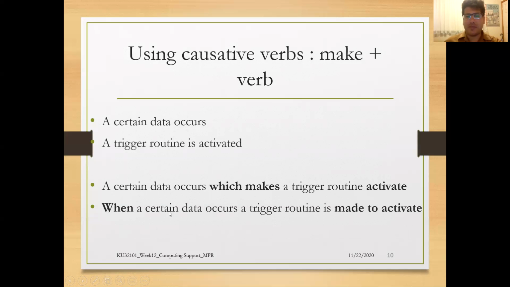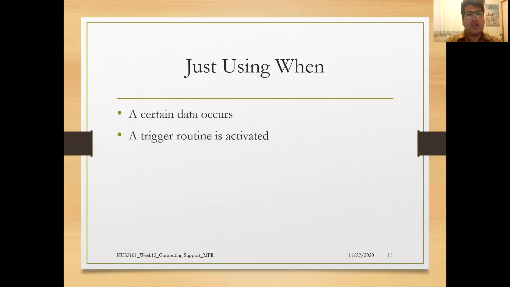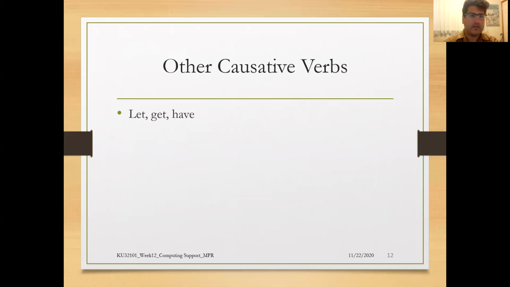Okay, notice in this example when we use when, with the past made, we use the to as well. Okay, and we can also express the cause-effect relationship just using when. A trigger routine is activated when a certain data occurs. Okay, so remember the other causative verbs, let, get, and have, and we use those in more informal settings.